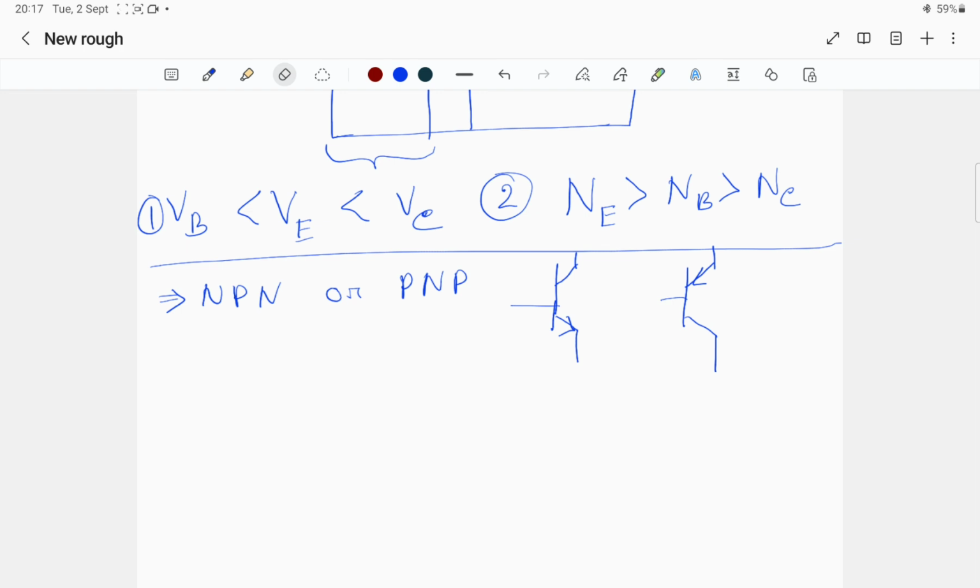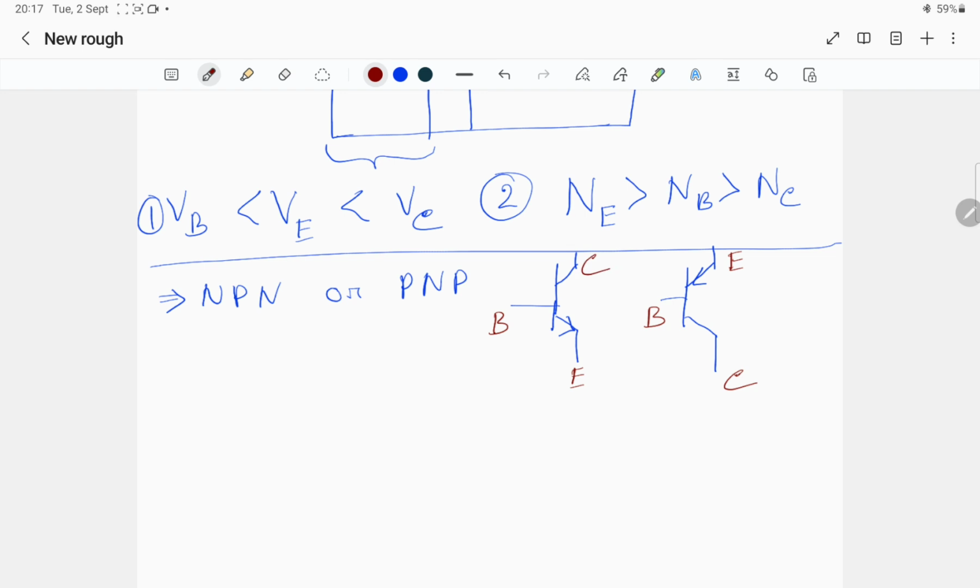So first remember that the arrow is always in the emitter terminal. So if there is an arrow, I can readily say that this is my emitter, right? And in this case, this is my emitter. And the middle one would always be base, right? Which tells me that this must be the collector and this must be the collector, right?